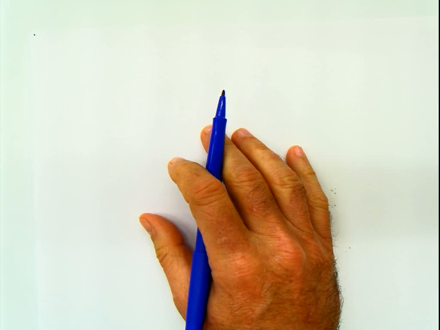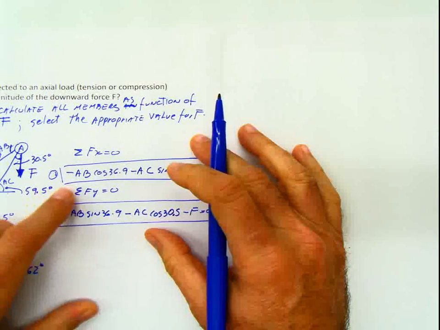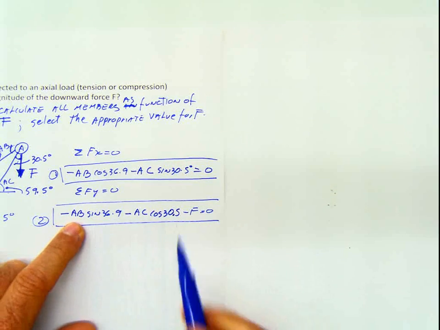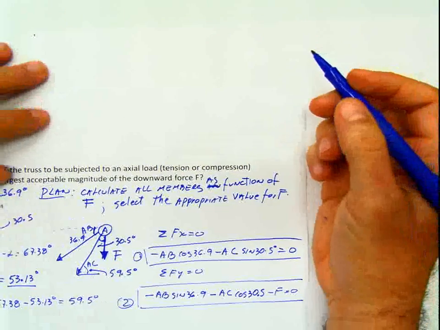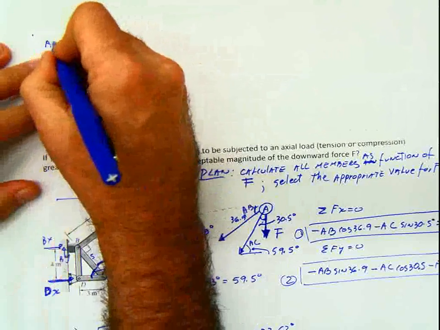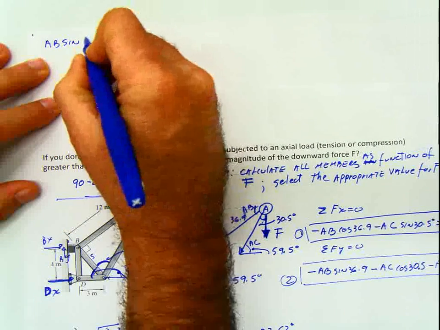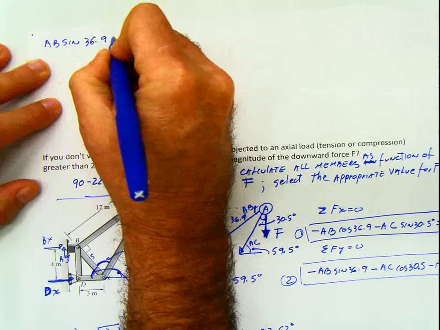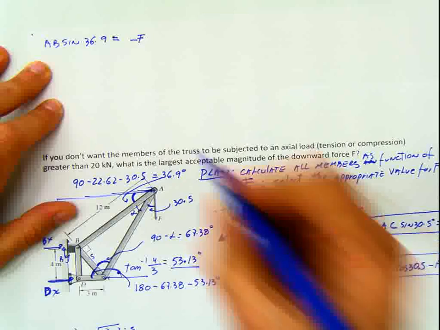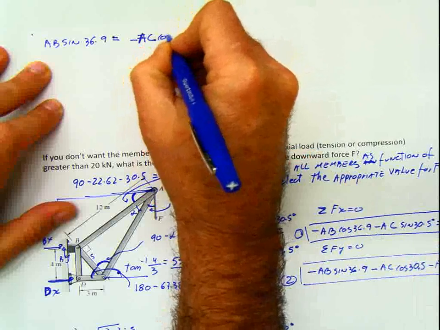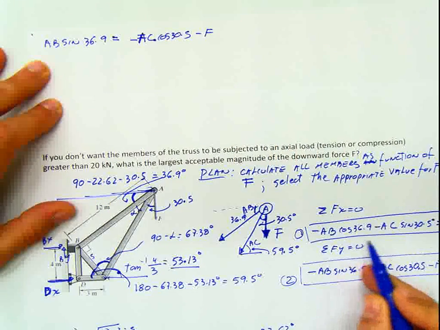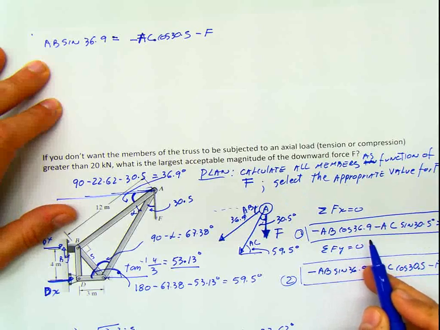My equation number one, it was AB. I'm gonna get this equation, and I'm gonna solve for AB sine 36.9. So I'm gonna have AB sine 36.9 equal to negative AC cosine 30.5 negative F. And from here I'm gonna solve for AB cosine 36.9.